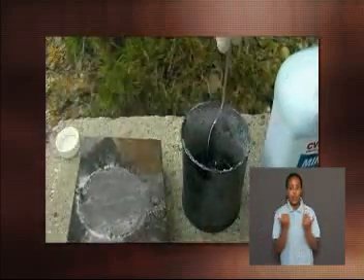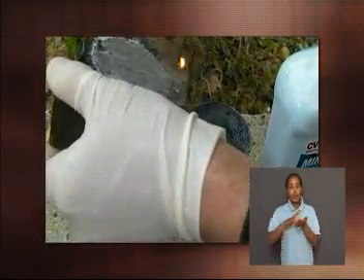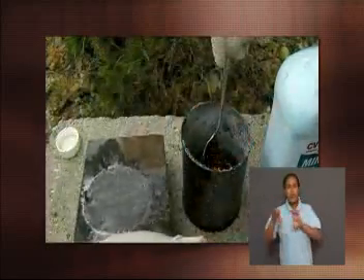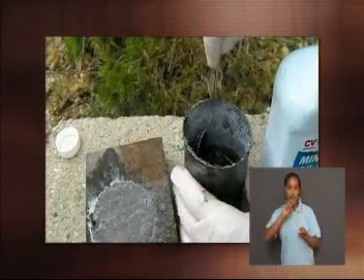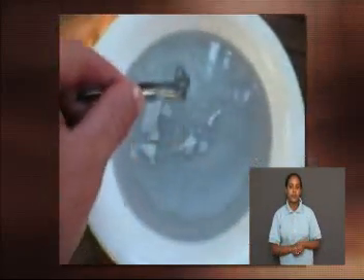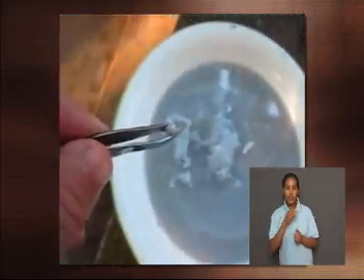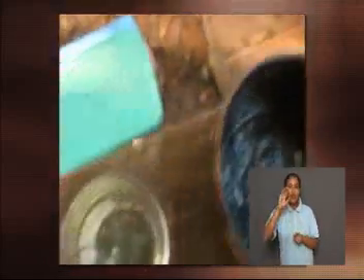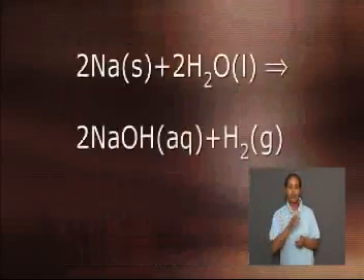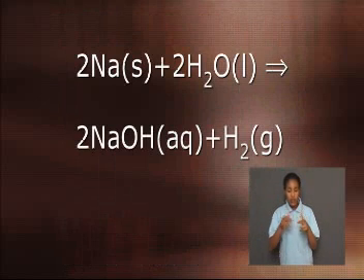Let us continue our lesson by learning about some of the chemical properties of sodium. When sodium reacts with water, it liberates hydrogen and forms a sodium hydroxide solution. The reaction looks like this.